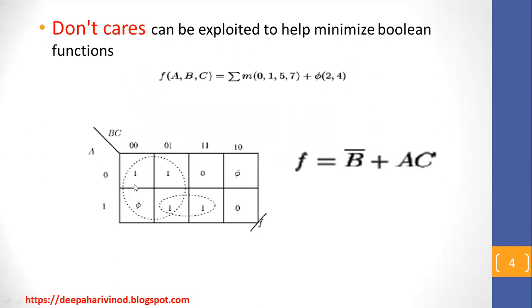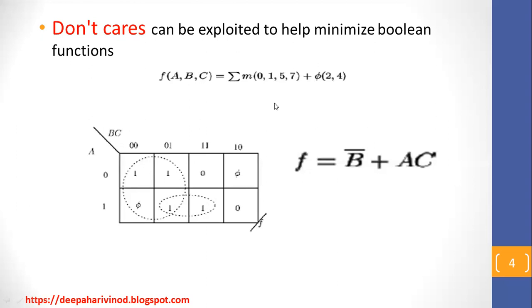So here I can show you that it is marked as phi for 2, which is 0, 1, 0, and 4 it is over here, marked as phi. The rest, 0, 1, 5 and 7, is 1.